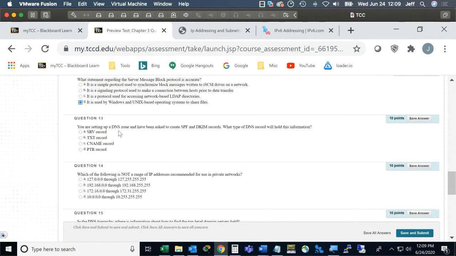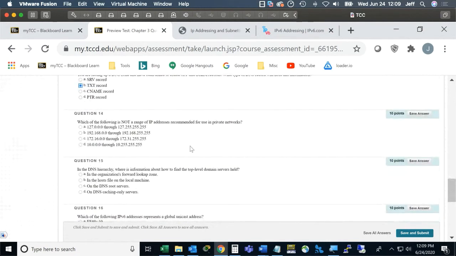You are setting up a DNS zone and have been asked to create SPF and DKIM records. What type of DNS record will hold this information? B, right? Text records. Which of the following is not a range of IP addresses recommended for use in the private network?